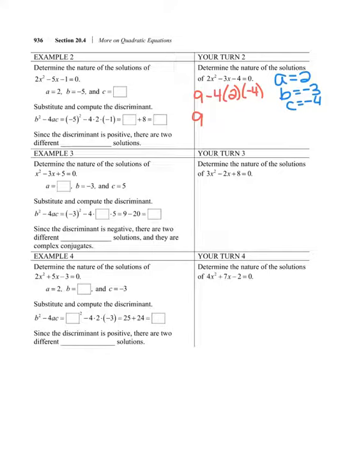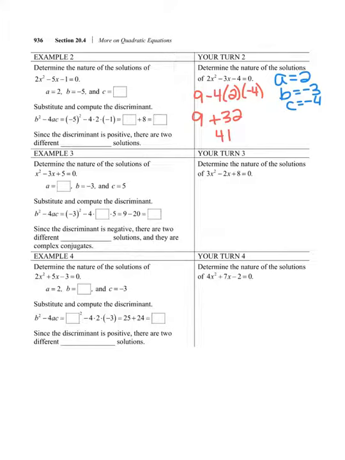And then negative 4 times 2 is negative 8, times negative 4 is positive 32, so 9 plus 32 is 41. So it's a positive number under the radical, so we're going to get two real solutions.